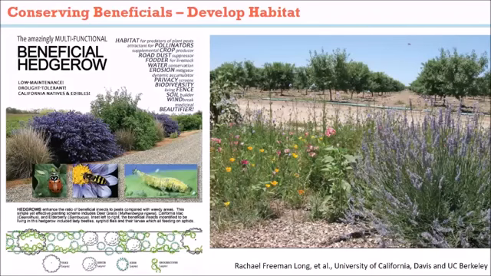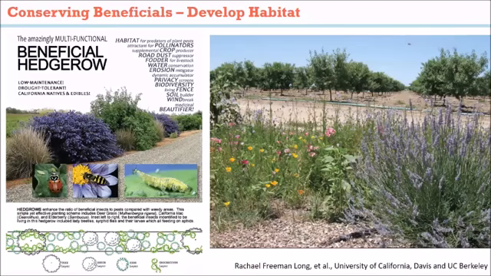And then there's also been some studies looking at supplementing plantings around the orchard with other flowering plants. And I know that this is maybe not practical in all cases because it requires space, it requires water for some plants, and also, of course, your time to take care of them a little bit.